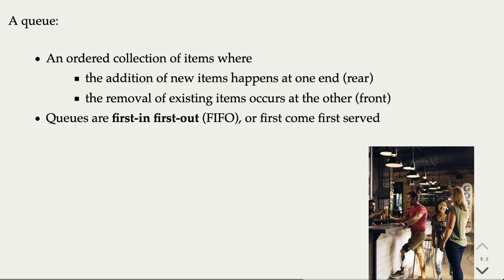A queue is defined as an ordered collection of items where the addition of new items and the removal of existing items occur at different ends. This is quite the opposite of a stack, where you access from the same end. So queues are first in, first out, or first come, first served.